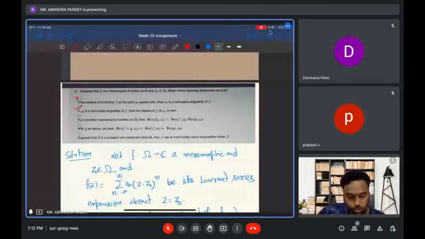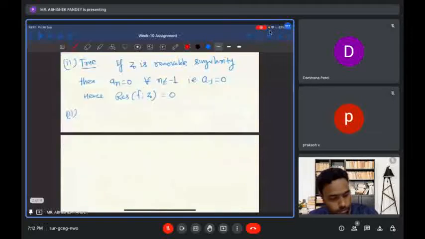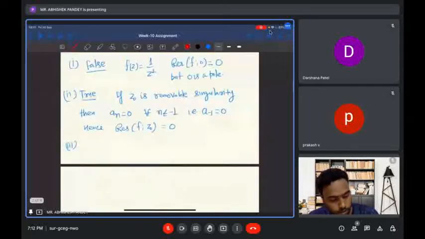Basically what you can do, you take f(z) equals 1 by z, and g(z) you again take 1 by z. So f into g of z is nothing but 1 by z square. The residue of f at 0 is nothing but 1, and the residue of g at 0 is nothing but 1.